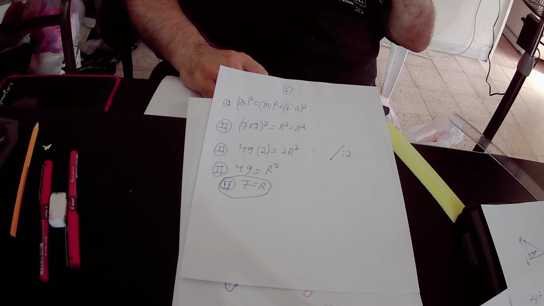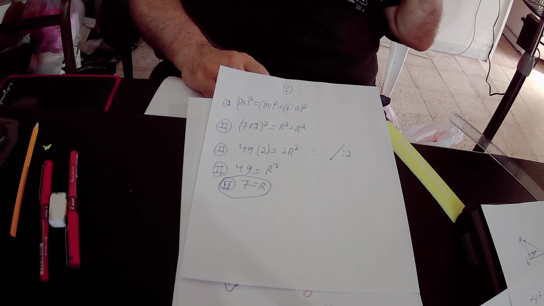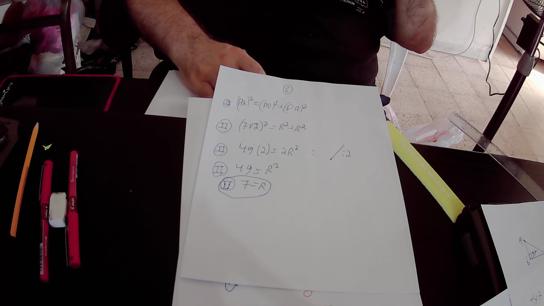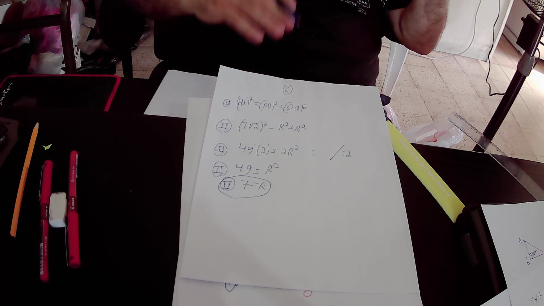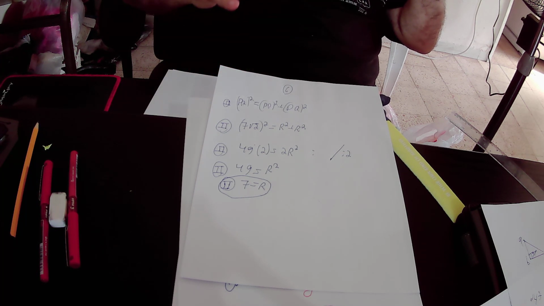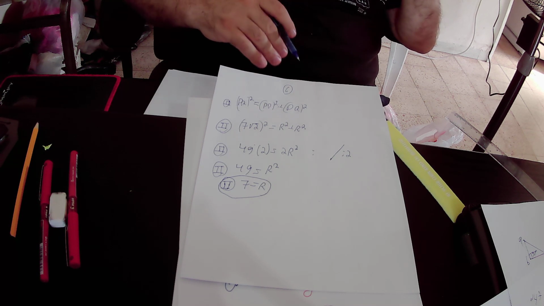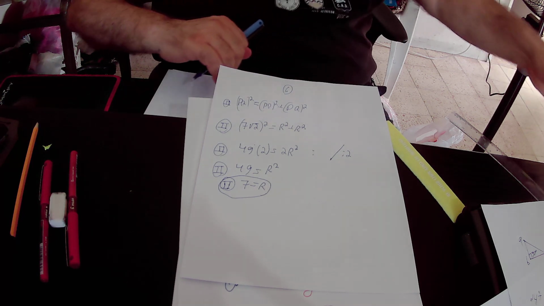Actually the root of 49 is also negative 7, but because we are dealing with radiuses, radius must be a positive number, so we will take into account only the positive root of 49, so actually capital R equals 7 units.